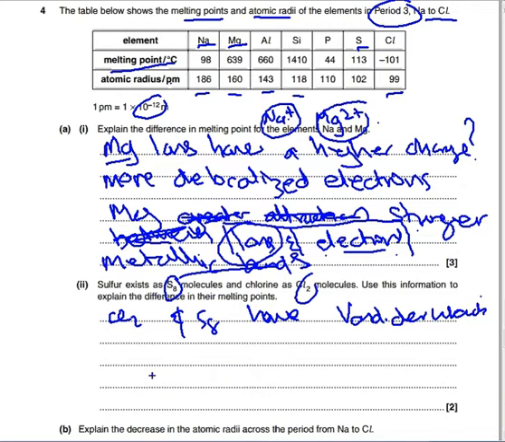So S8, the bigger the molecule gets, is bigger, because there's 8 sulfur atoms. Therefore, stronger van der Waals forces, VDW, than Cl2.